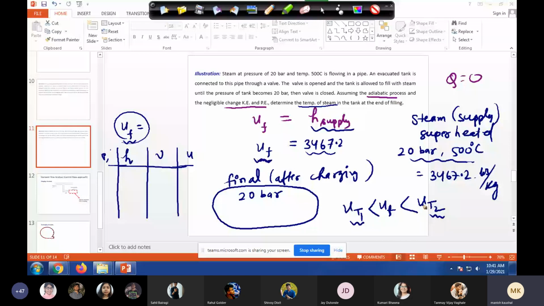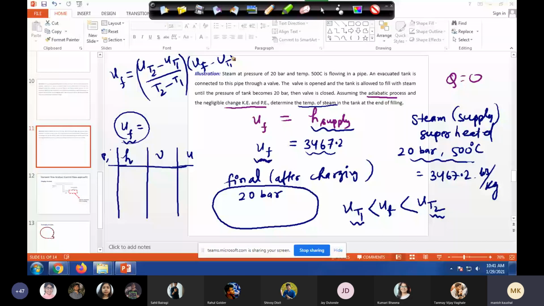We will simply say that U at F will be equal to U of T2 minus U of T1 over T2 minus T1. Okay, this is the slope, multiplied by, let's say you are interpolating from T1, UF minus U of T1, and then this is plus U of T1. Anyway, this you can do.